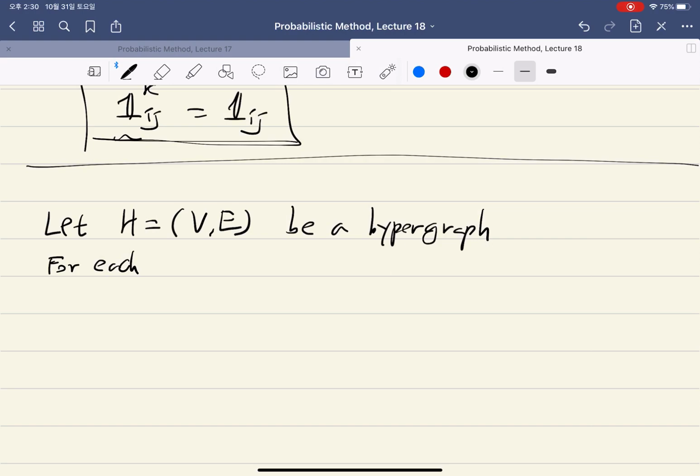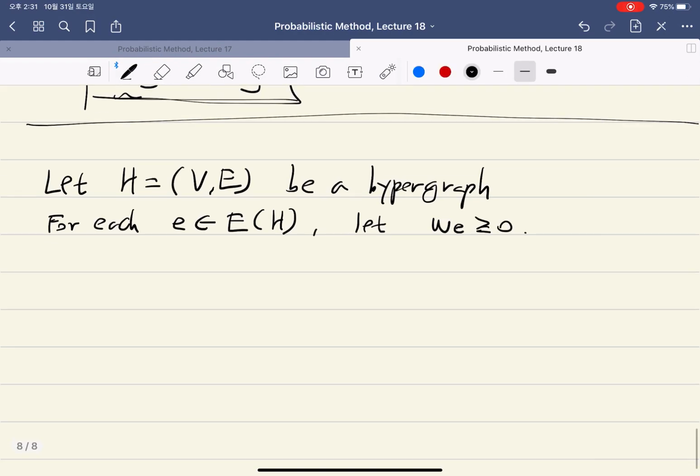For each E, which is an edge of this hypergraph, we consider its weight to be some non-negative number. And we consider t_1 to t_n, where i is the vertex. For each vertex, we consider an indicator random variable, and these are mutually independent.